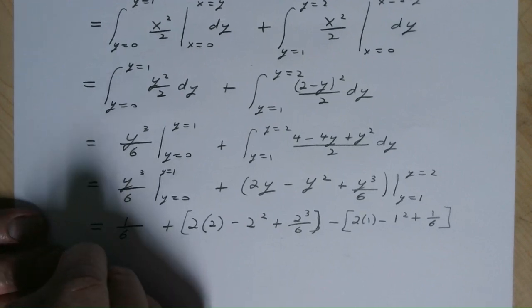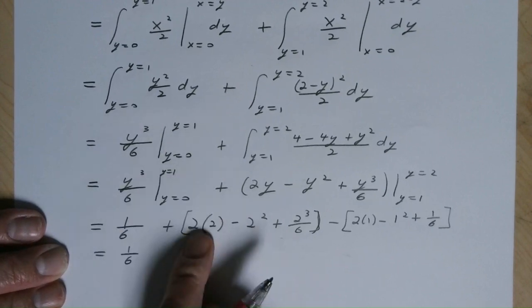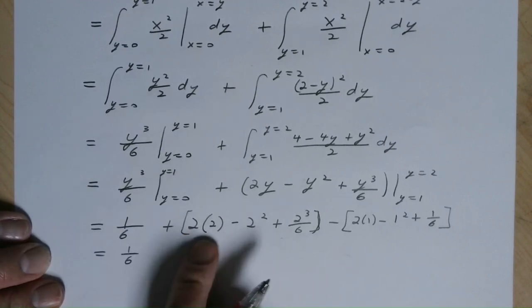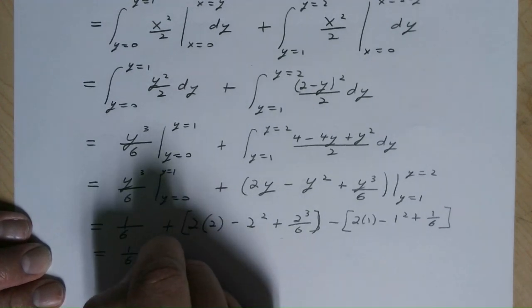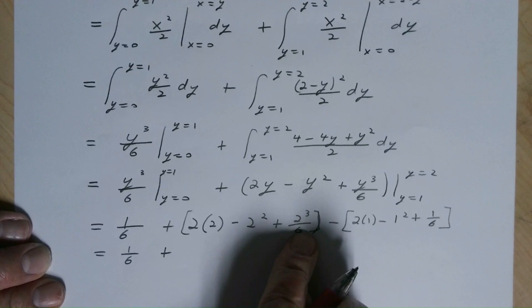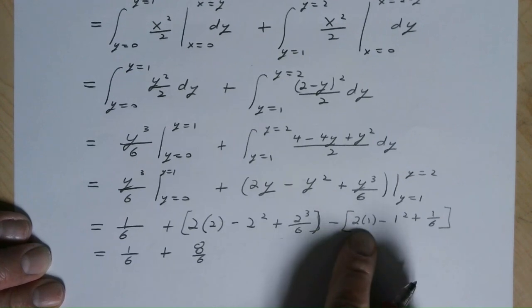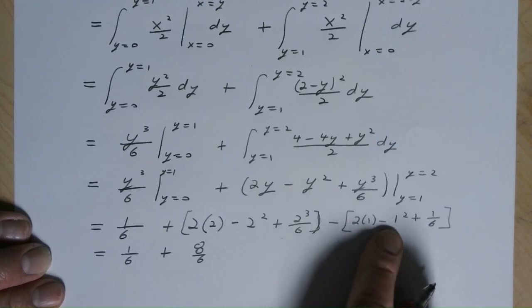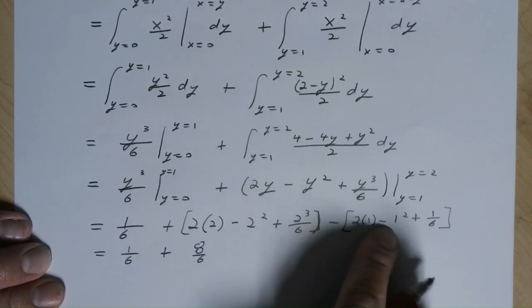And so let's take a look at this. 1/6. And actually notice this is going to be 4 minus 4, so those are going to cancel. And then 2 to the third is going to be 8. That's going to be 8/6. And over here, this is going to be 2 minus 1. That'll give us 1. And so it's going to be minus 1.